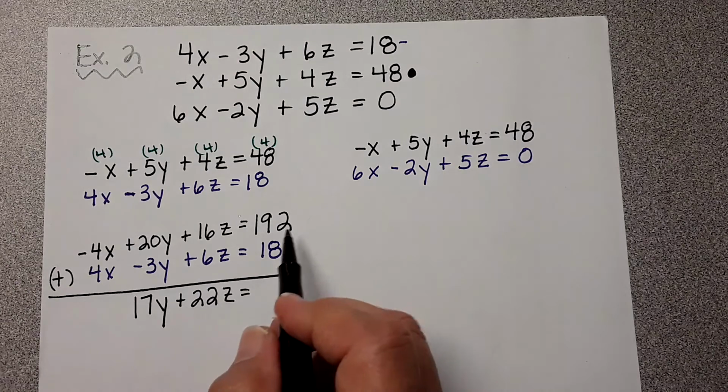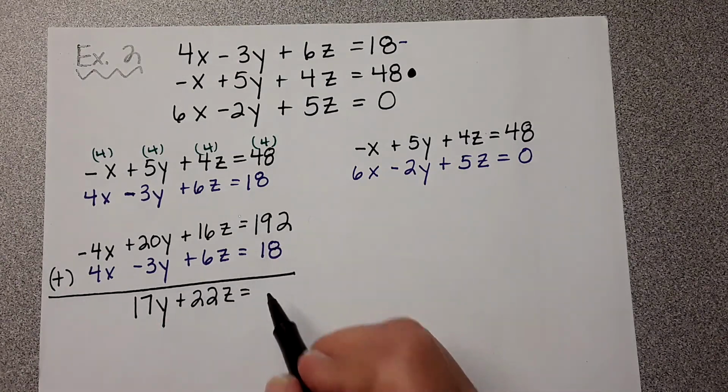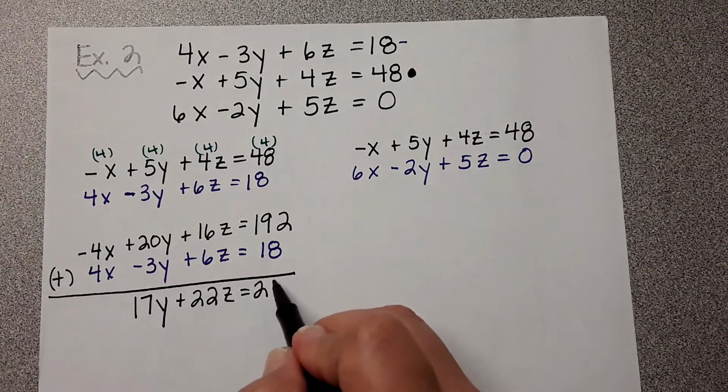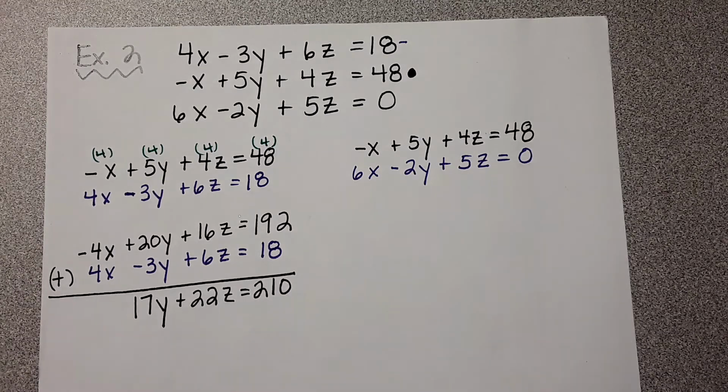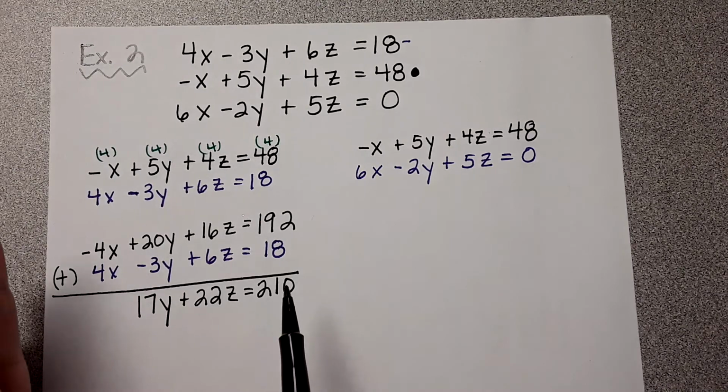And then 192 plus 18 is 210. Let's make sure, because if I make a mistake, wait, oh, that's 18, not 20. Okay, so we're good on this one, right?